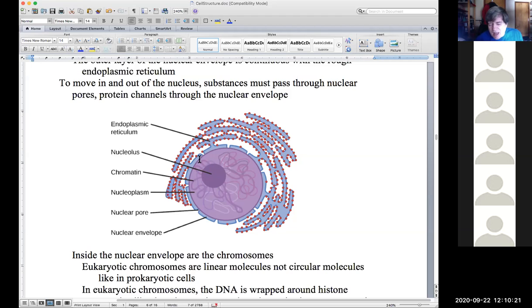Now, around the chromosomes, around the nucleolus, the fluid in the nucleus is called the nucleoplasm. And notice that the nucleoplasm is basically the same thing as the cytoplasm. It's just inside the nucleus.